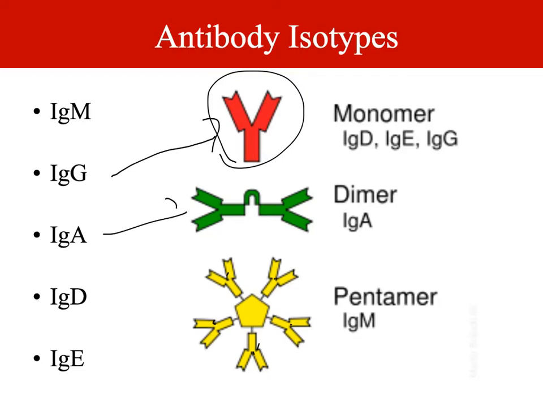We have IgA, which is a dimer, there's one here, and they're linked together by this bit right here, which is called a J chain. And then IgD and IgE are also this monomeric shape, but their stock is somewhat different.